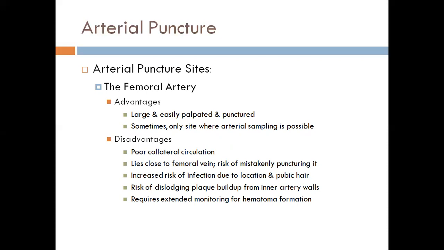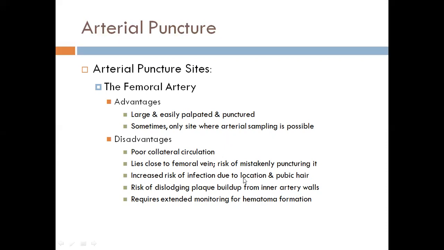So instead of using those sites, it's best to use this femoral artery in patients suffering from those conditions that I mentioned. For the disadvantages, the femoral artery has poor collateral circulation.